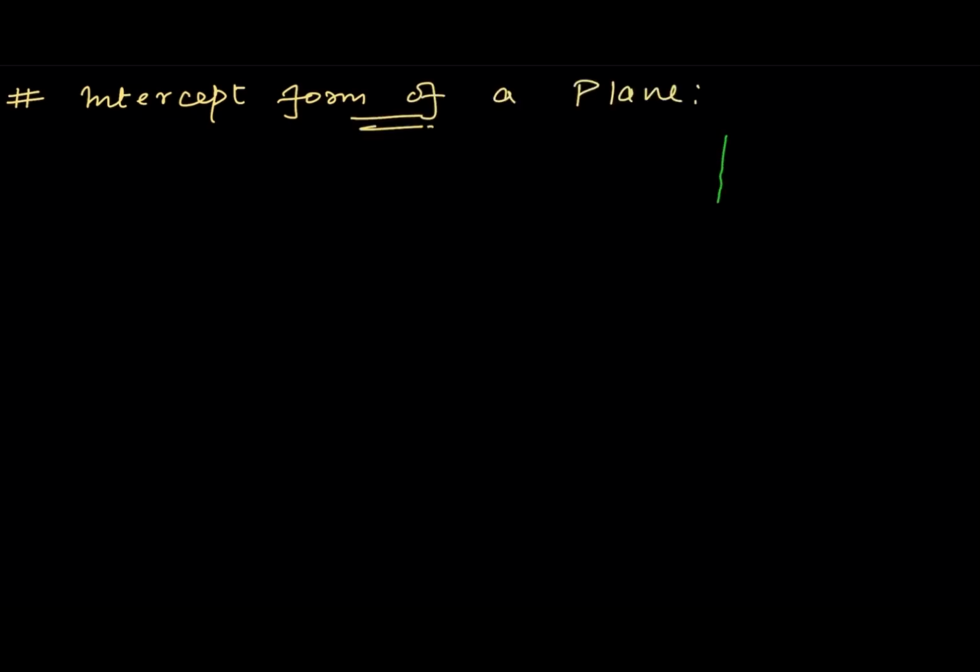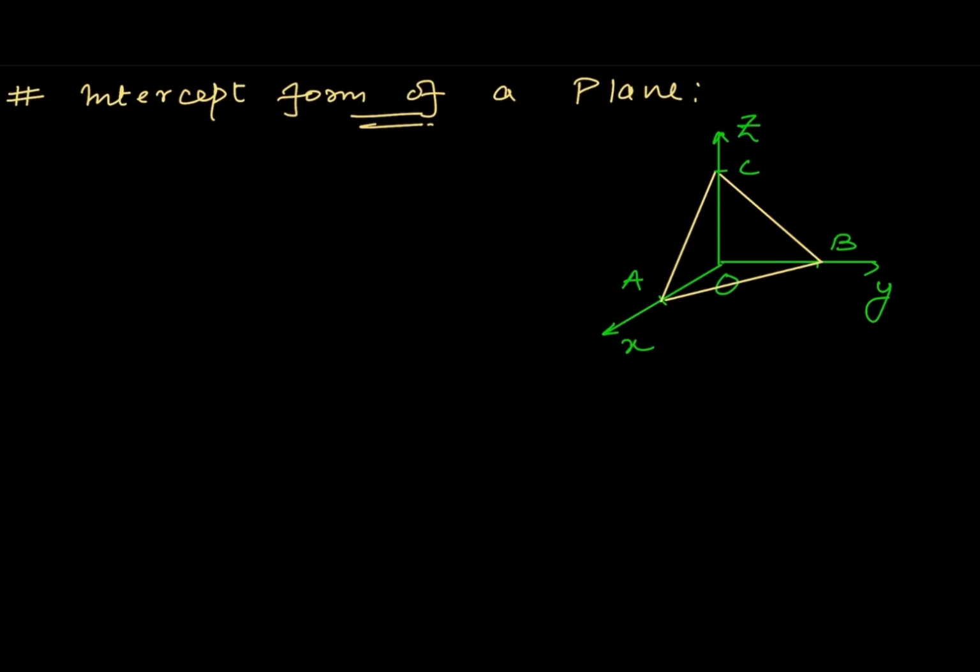So let us first draw the Cartesian coordinate system, that is the x-axis, y-axis and z-axis, and mark the origin. Let's say the plane meets the coordinate axes at A, B and C on the x-axis, y-axis and z-axis respectively, and let OA be a, OB be b and OC be c, right?